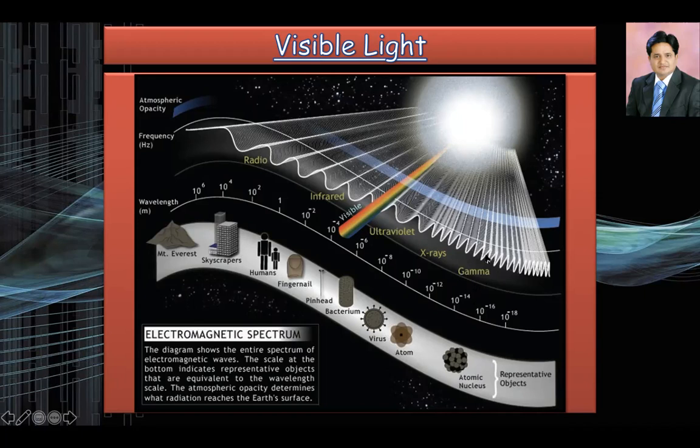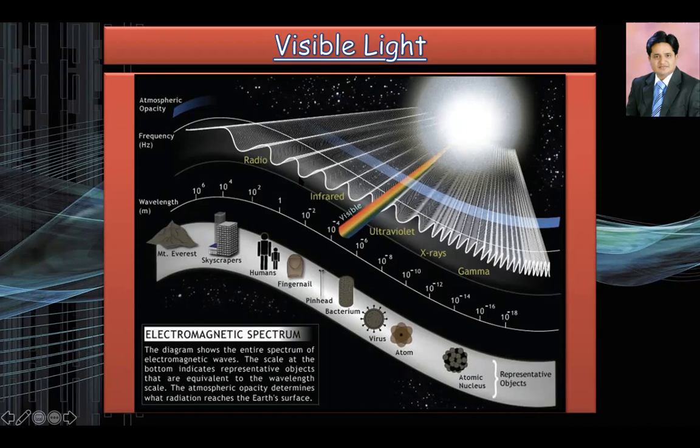If we were to talk in the increasing order of wavelength, then of course the radio will have the maximum wavelength, and our order would be gamma rays, X-rays, ultraviolet, visible, infrared, microwaves, and radio waves.